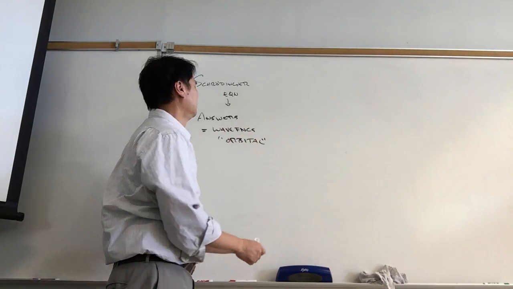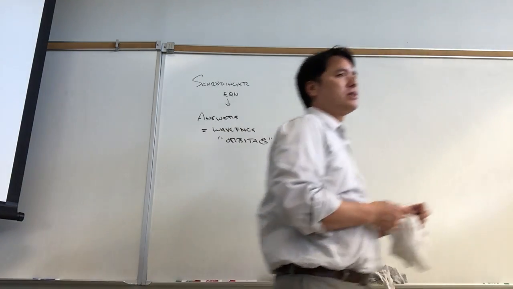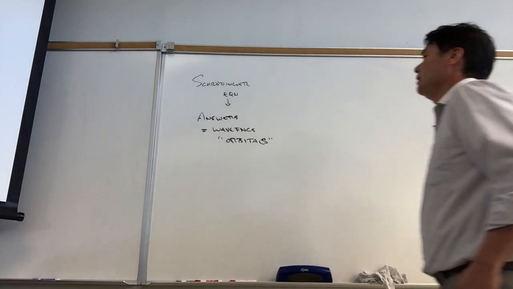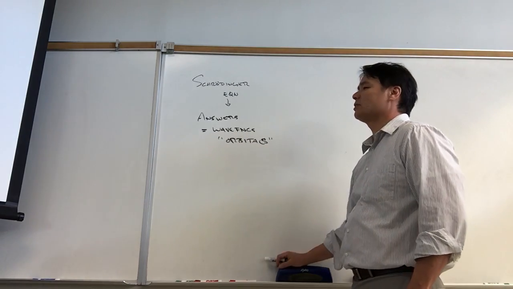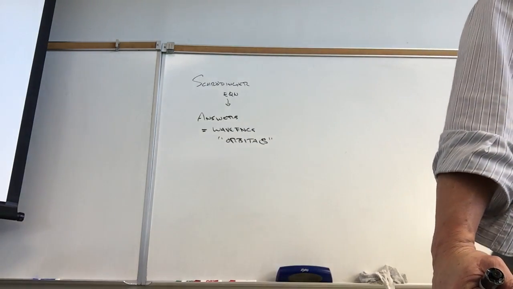That's what we call them. For the hydrogen atom, how many answers do we get? In other words, for the hydrogen atom, each of these is the allowed state for the electron. And so how many allowed states are there for an electron in a hydrogen atom?